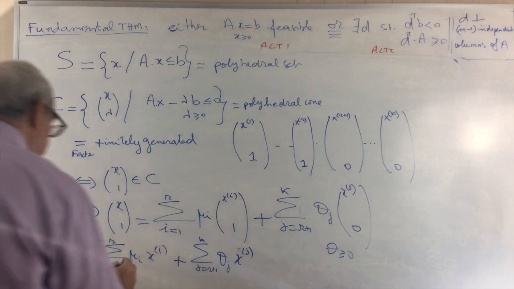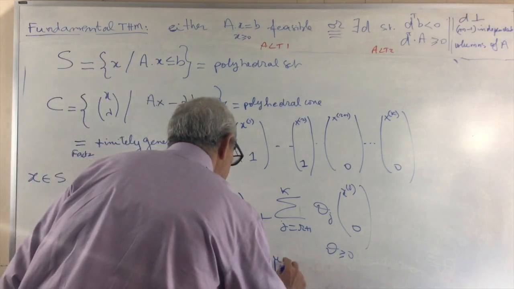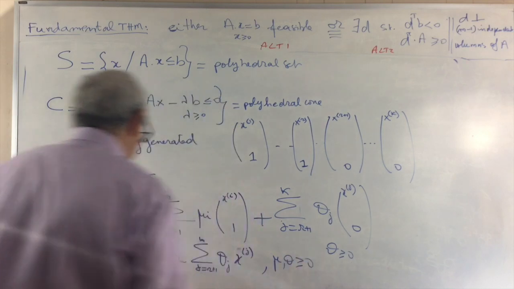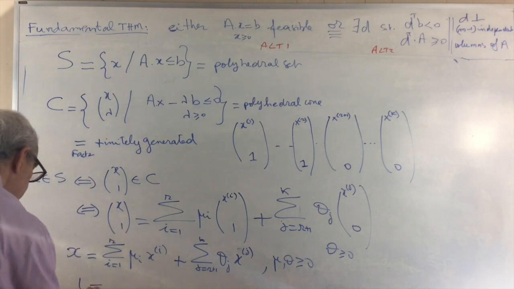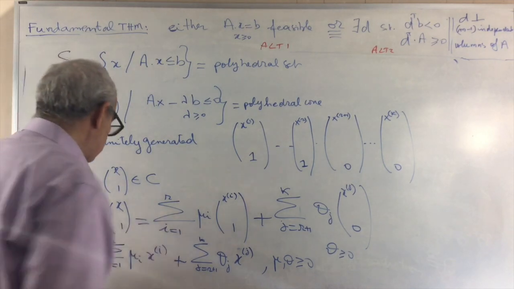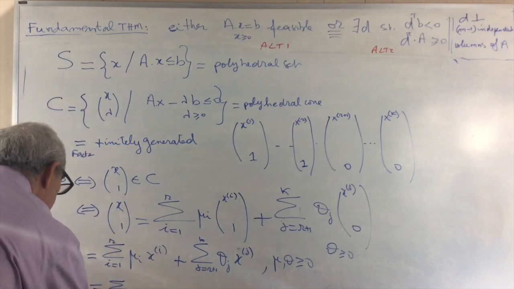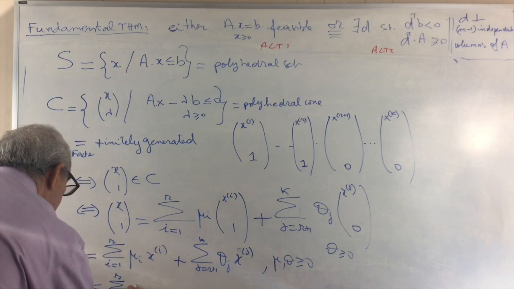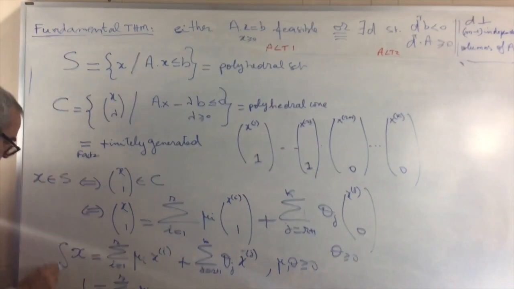And the mu and the theta are both greater or equal to 0. And then 1 is equal to the sum i equal 1 till r of mu i. Right? I get these two equations.